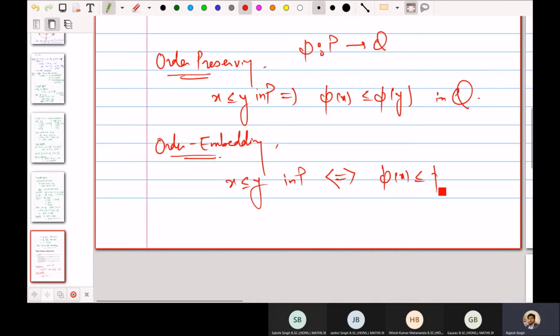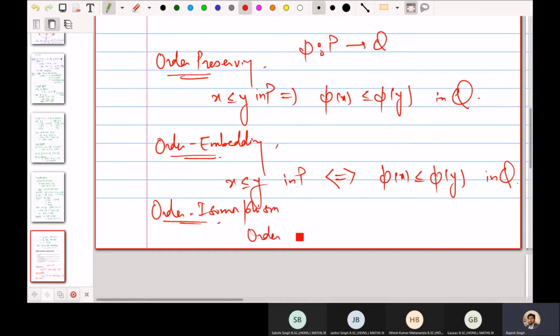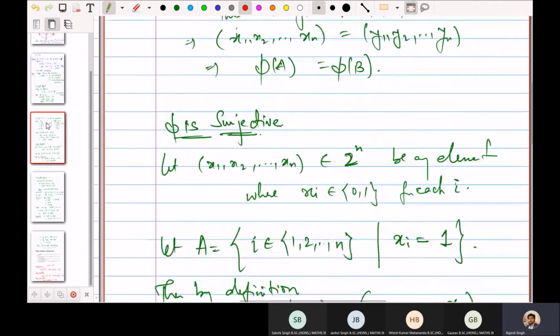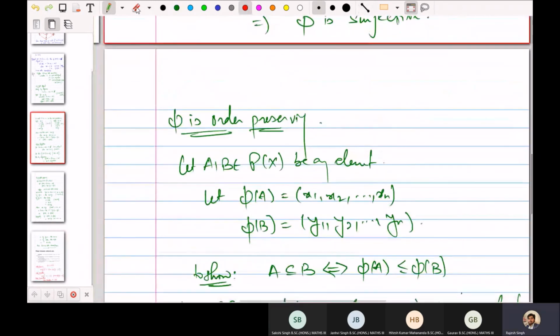Order embedding is in both ways, and then third is order isomorphism, which we were just doing. So this is order embedding plus onto. Okay, clear? So you can better write it here as order embedding, instead of writing preserving.